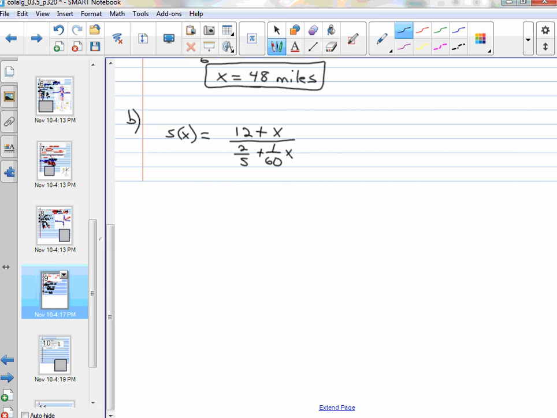I need to try to simplify this. And instead of dividing by fractions, I can multiply by the reciprocal of this thing. 5/2 plus 60x. Instead of dividing, I'm going to multiply by my reciprocal.